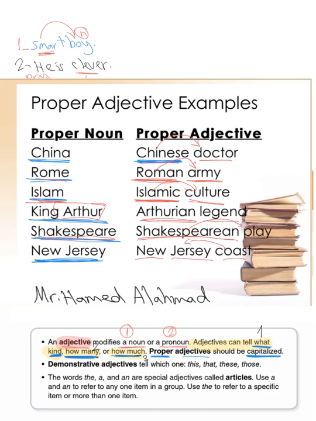So what do we mean by proper adjectives? We mean proper nouns used as adjectives. And that is why they have to be capitalized. Easy, super easy, inshallah. Another kind of adjectives is demonstrative adjectives.